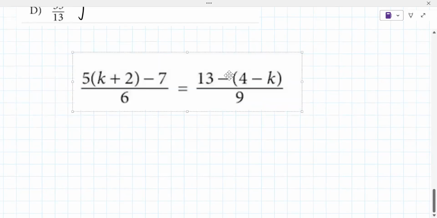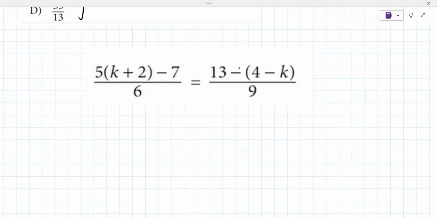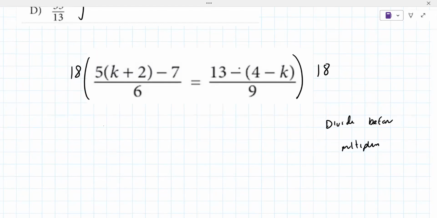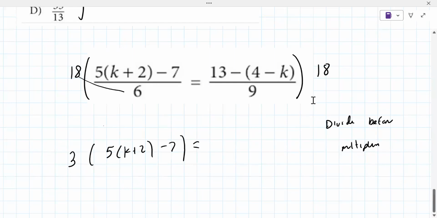So to solve this, you would multiply both sides by 18. Now what a lot of students don't realize, and this does save you time, is you actually divide before multiplying. Divide before multiply. So you take 18 and divide it by 6, for example. 18 divided by 6 is 3 times 5 times k plus 2 minus 7. And then same thing on the right, 18 divided by 9 is 2.